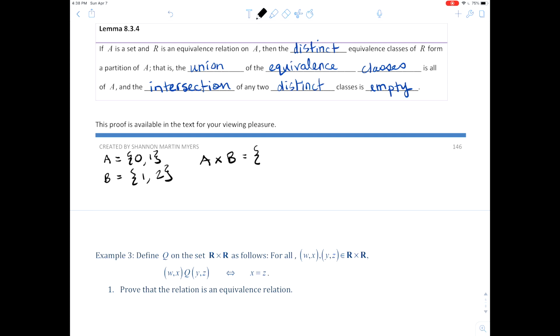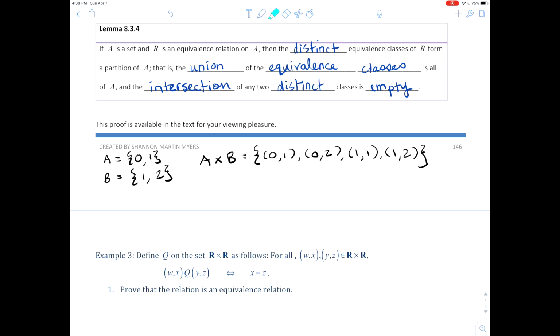Well, it's going to be the ordered pair (0, 1), the ordered pair (0, 2), then the ordered pair (1, 1), and the ordered pair (1, 2), all of those in a set.